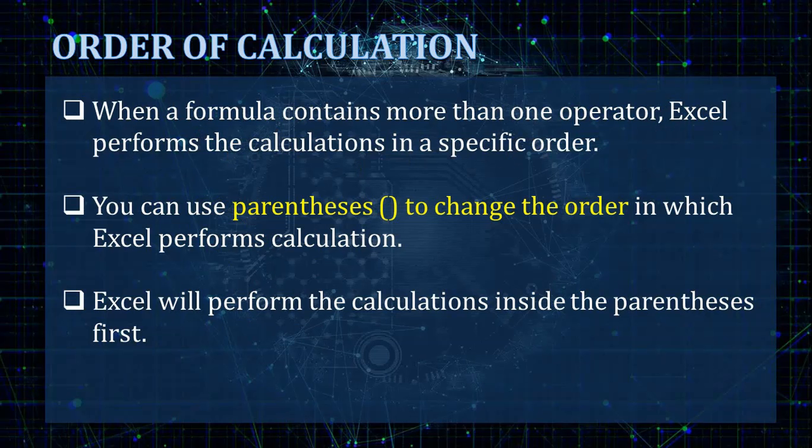You all know that the calculation is performed first for the part inside the bracket. In the same way in MS Excel also, the part inside the bracket is given first priority for performing the calculation.